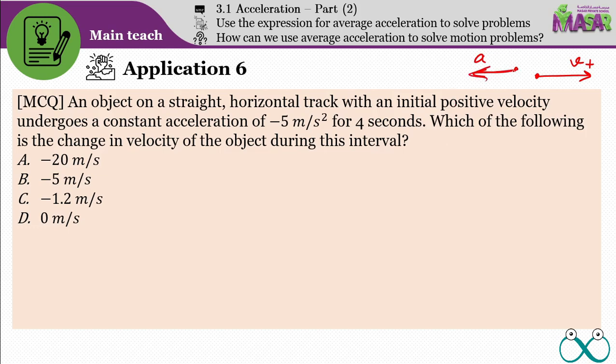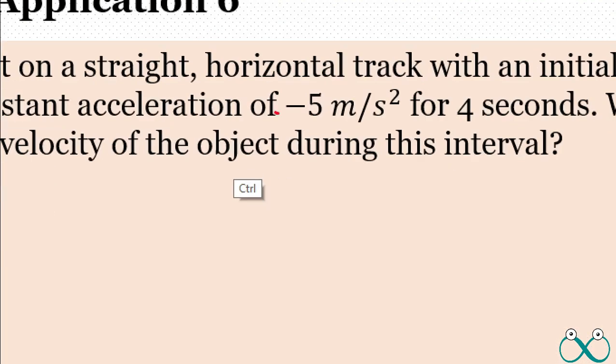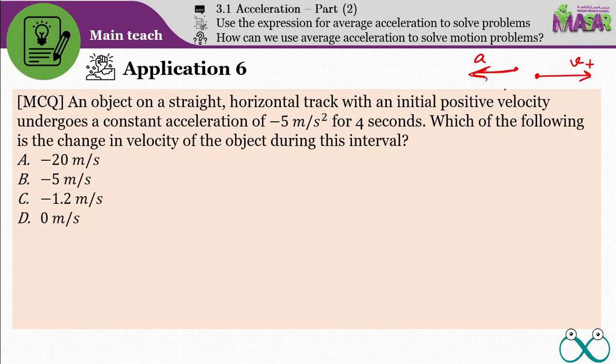This is obvious since the velocity is positive, which means to the right, and the acceleration is negative, which means to the left. We can conclude that the velocity will start to dissipate under the action of acceleration for a full 4 seconds.